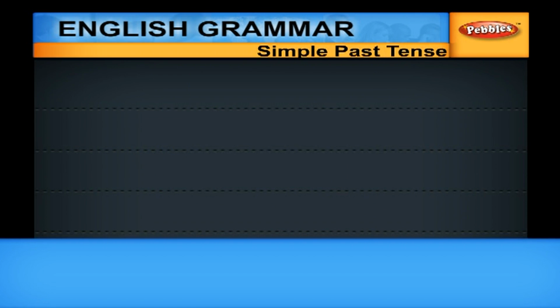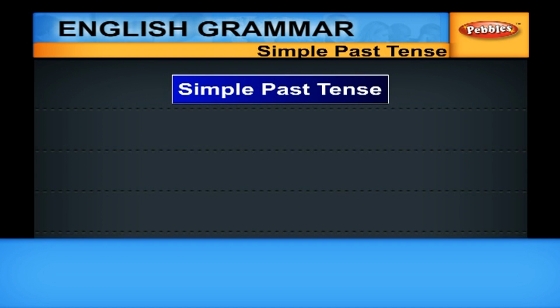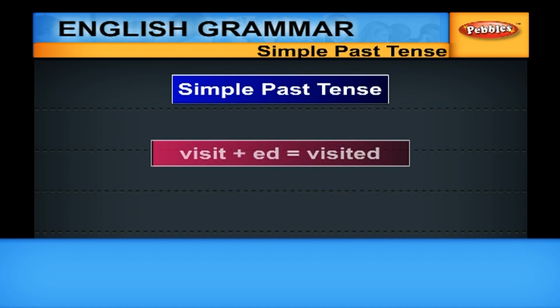In the simple past, we are going to use the past form of the verb, what we have termed as VED. Normally, we form a past tense of a verb by addition of ed to the base form of the verb. Past tense is equal to verb plus ed, or VED form.